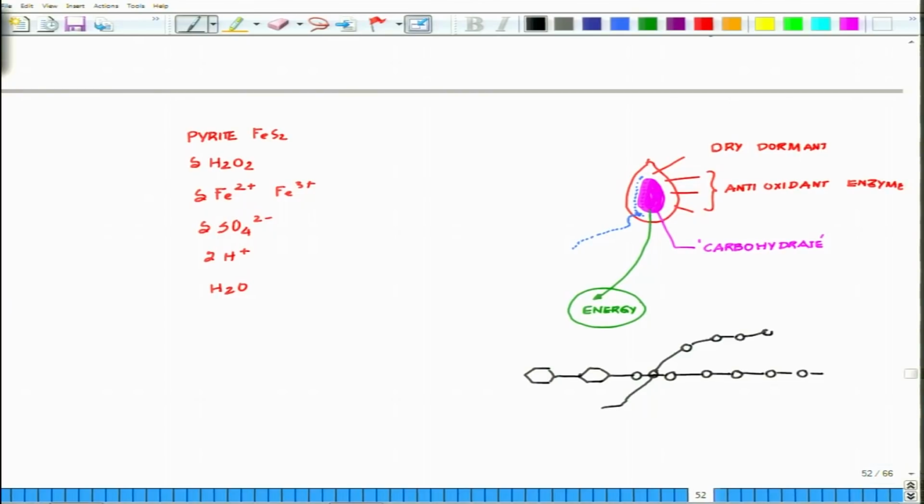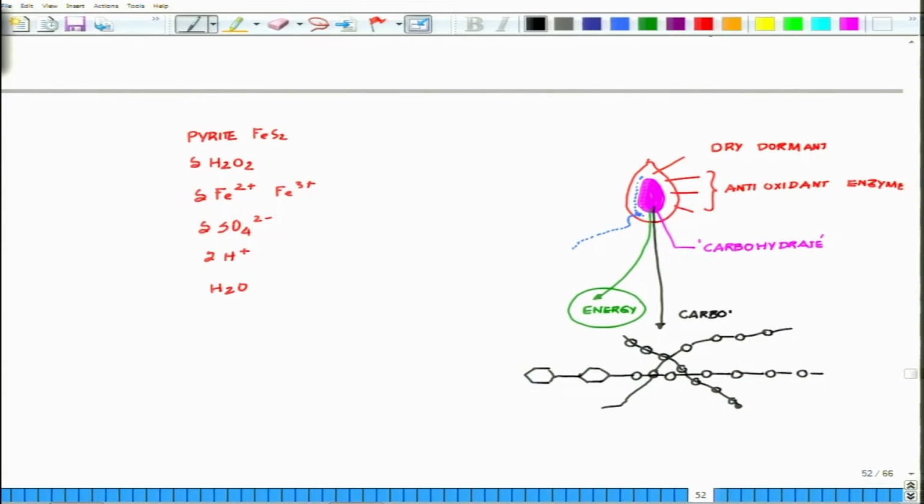So, these are crisscross, long chains like this, and this is what starch and all these molecules are. Essentially, this is a big carbohydrate molecule.